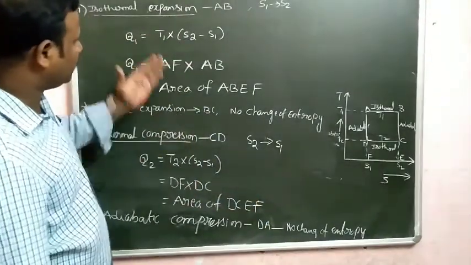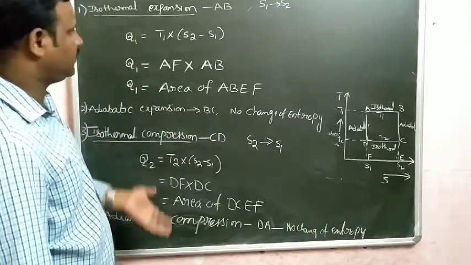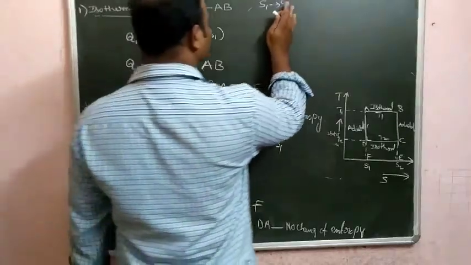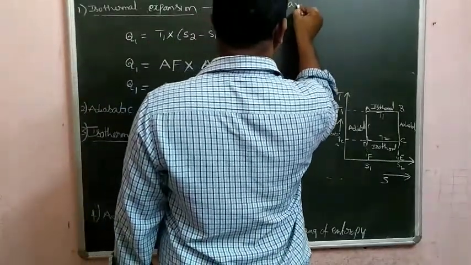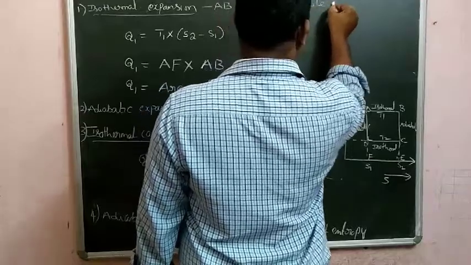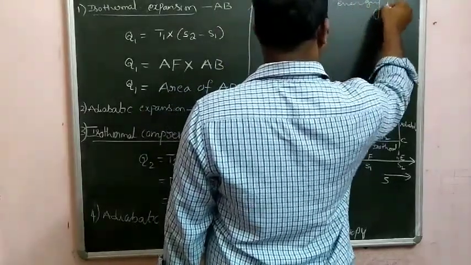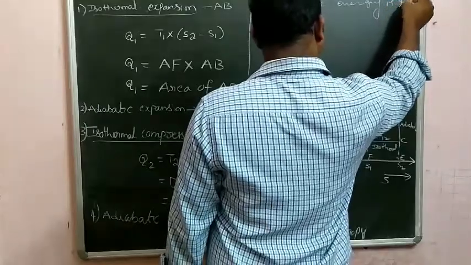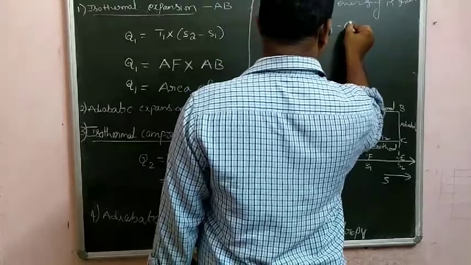Here the total available energy is given by Q1 minus Q2.